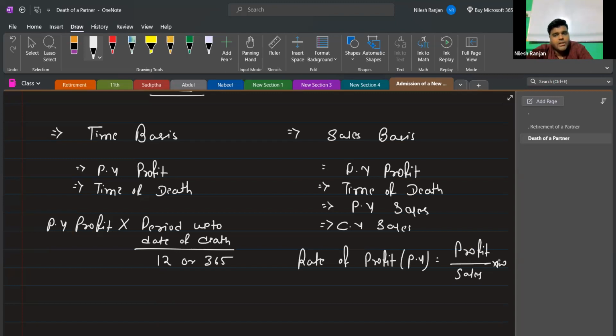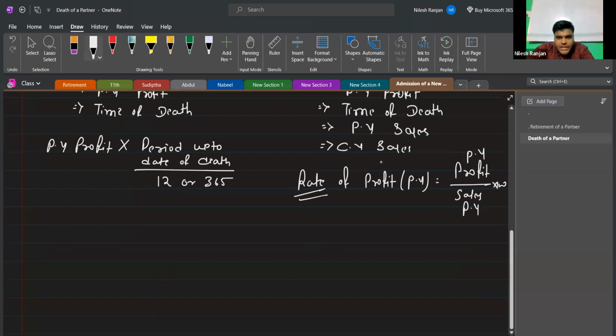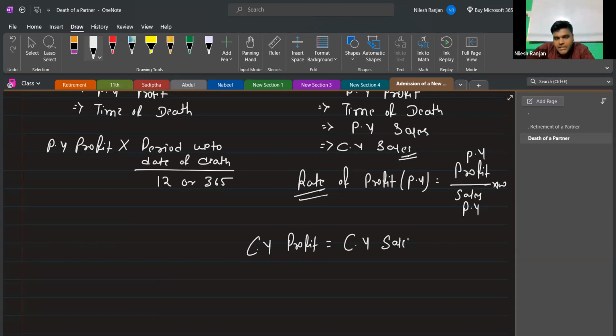So you have to take previous year profit and previous year sales into 100. So you will calculate the rate here. And current year sales up to date of death is given, so you will multiply: current year profit equals current year sales into the rate of profit that we have calculated.